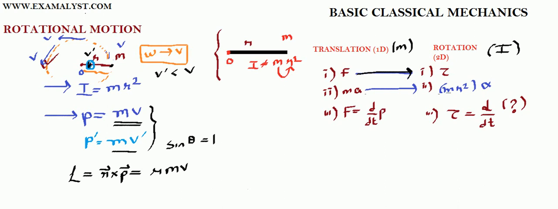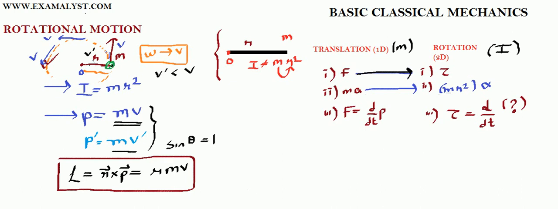So for this object of mass m, I can define a new quantity called the angular momentum, defined as the mass of the object multiplied by the velocity with which it is moving and multiplied by the distance from the center, distance from O. Now if you look at this interesting quantity, then you will learn something very important.